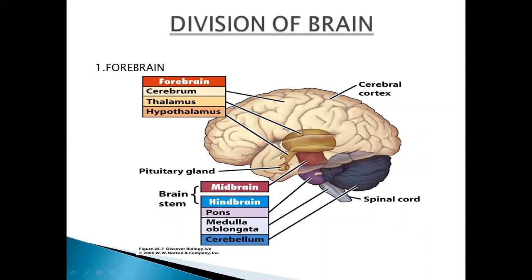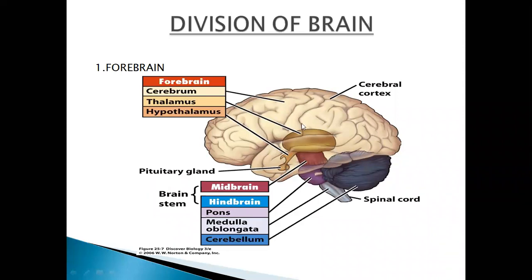One of the most important functions of the hypothalamus is to link the nervous system and the endocrine system. Do you remember the chemical coordination? Here, it is also giving that link. It is very important for the endocrine system. It controls the secretion of the pituitary gland.